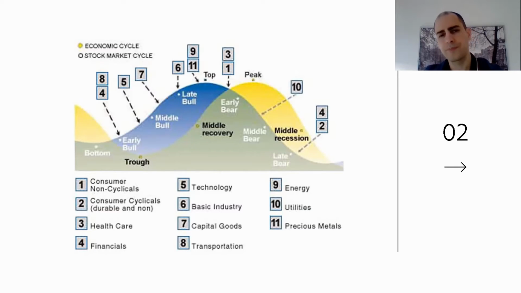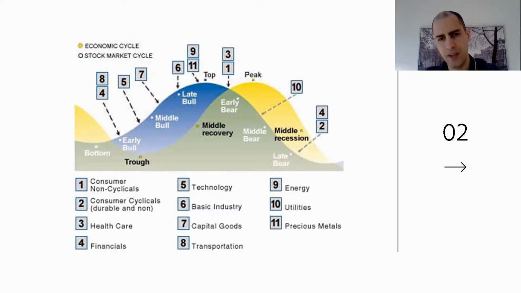Okay, so this is just historically what are the sectors that did well in the different stages of the recovery phase. And as you approach the peak, the best sectors are the consumer non-cyclicals. So these are things that don't change as a matter of the business cycle phases. So basically like energy, utilities, those are the examples of the consumer non-cyclicals. And number 3 is healthcare. So once the peak is reached and we're moving into the contraction phase, we can see the early bear, middle bear, and late bear stages.